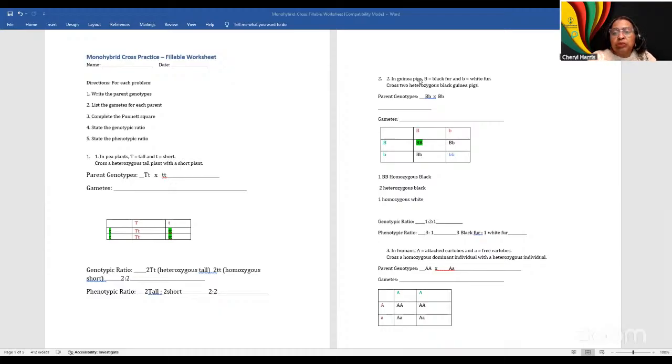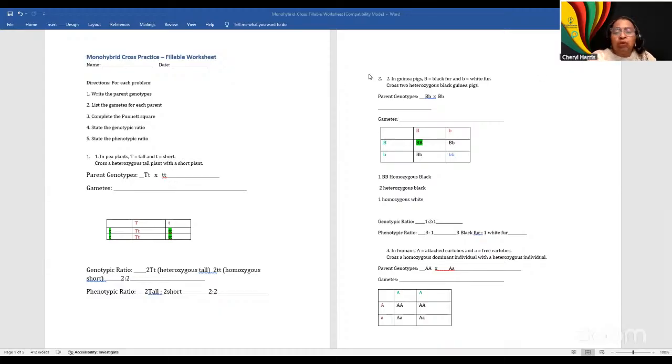So we have black fur and white fur. We're not going to have a B and a W. Over here, we didn't have a T and an S. You go with the letter that is dominant. So black fur is dominant. We're using B. Capital B is dominant for black fur, and lowercase b is for white fur. They gave you that information.